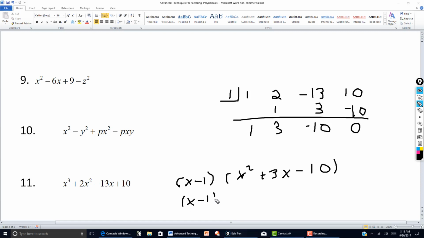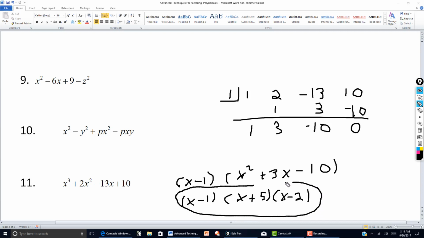So this polynomial, this x cubed plus 2x squared minus 13x plus 10 factors into this right here. But this right here, it's a quadratic, and that can be factored into x plus 5 and x minus 2.